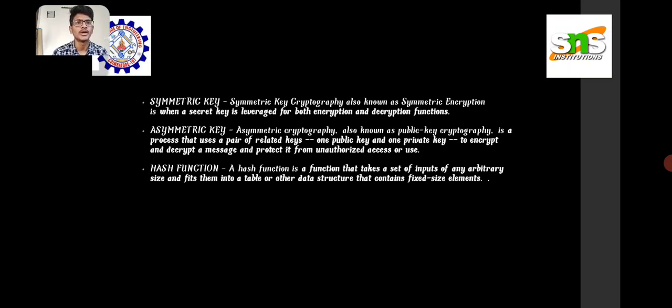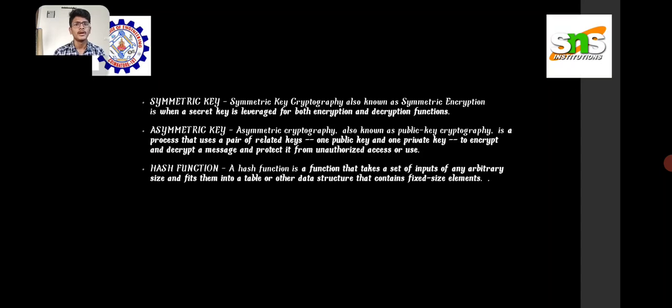Symmetric key cryptography, also known as symmetric encryption, is when a secret key is leveraged for both encryption and decryption functions. Here, it is nothing but a key which is known to both sender and receiver, also called a symmetric key. Asymmetric key. Asymmetric cryptography, also known as public key cryptography, is a process that uses a pair of related keys, a public key and a private key, to encrypt and decrypt a message and protect it from unauthorized access or use.